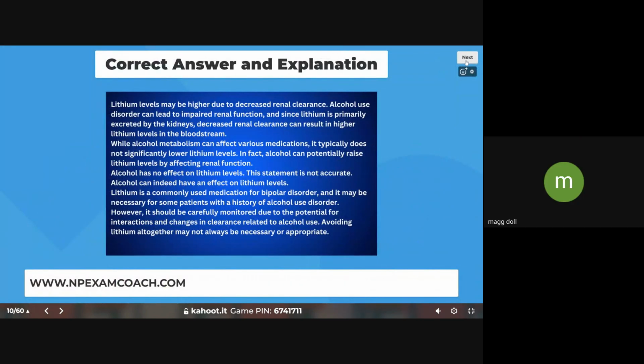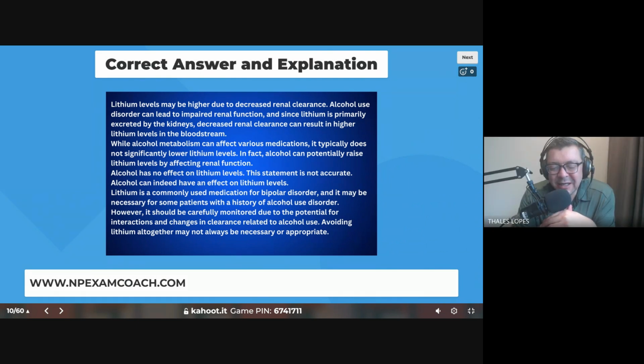So lithium may be higher due to a decrease, not increase, a decrease of renal clearance. I need you to fully understand that. You will get at least 5 to 10 questions on lithium. So anything that decreases renal clearance equals an increase in lithium levels.